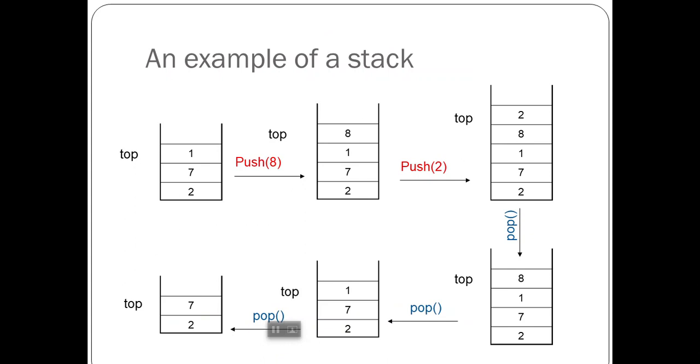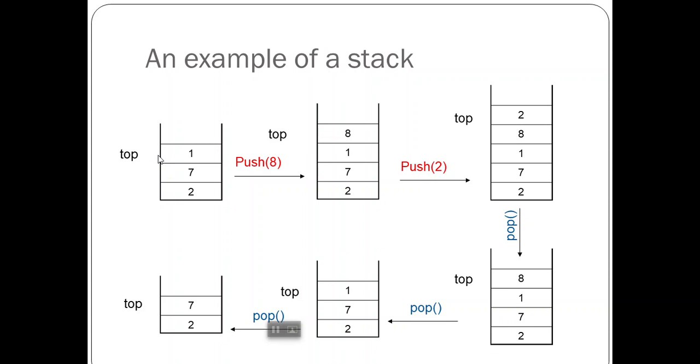See a diagram of the example here. We have a stack here, the value of top is at this position now. This is 0, this is 1, and this is 2, right? So top is 2.